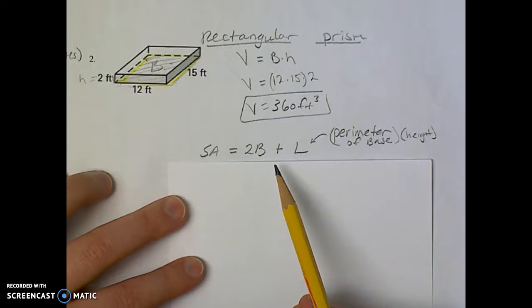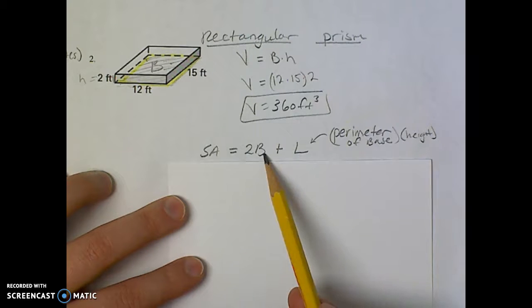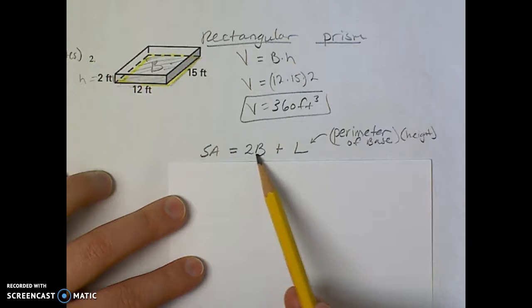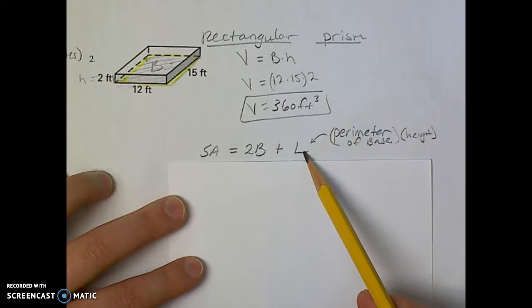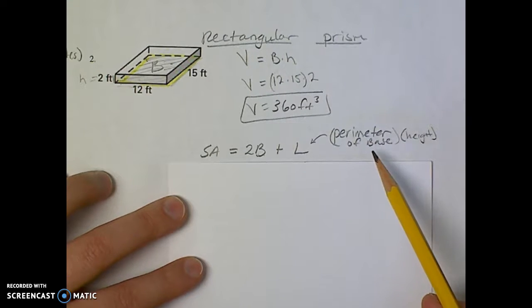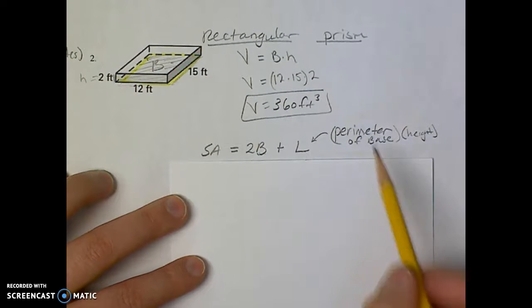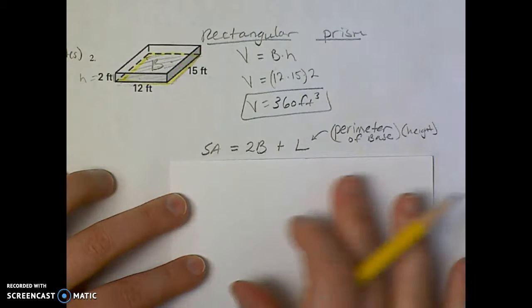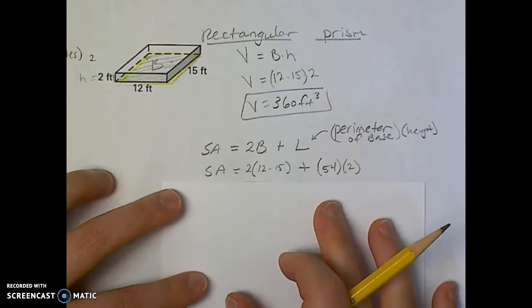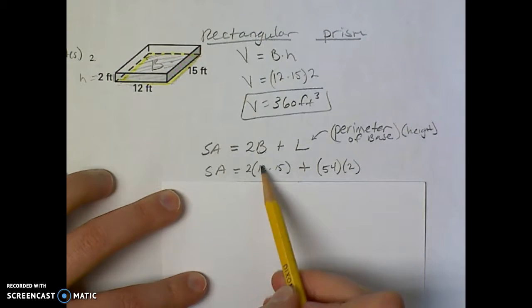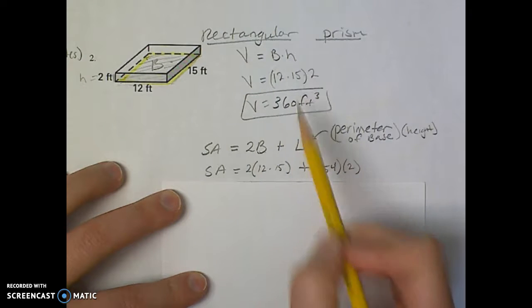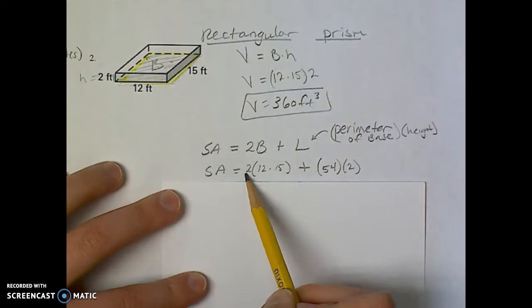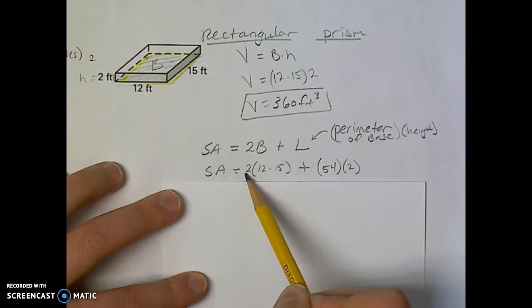Surface area, same formula as the cylinder problem. Two bases, those are the rectangles, top and bottom, plus lateral area. Now there's no circumference for a rectangle, so instead of circumference, the same concept would be perimeter. I'm going to plug in that same area of the base here, but there's two of them on my solid.